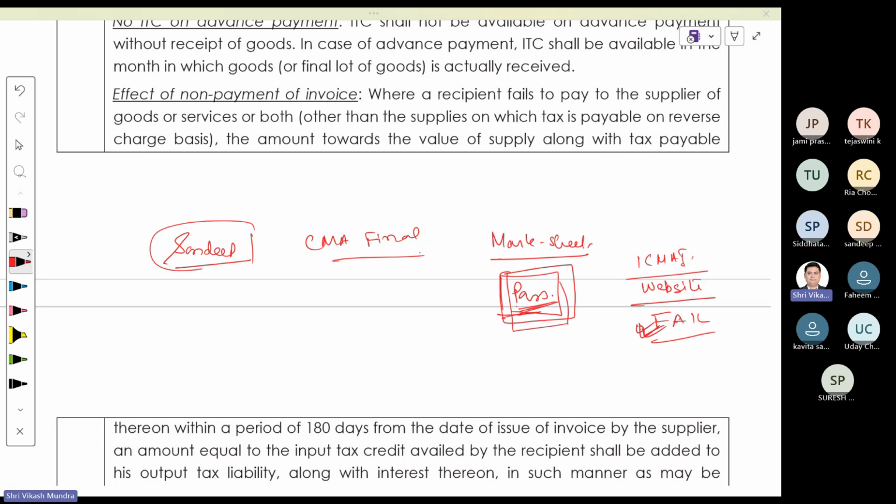Whether my thought process is correct or not? Possible, yes. The first presumption is that only: the mark sheet is forged and the result appearing on the website of the ICMAI is final. Yes or no?